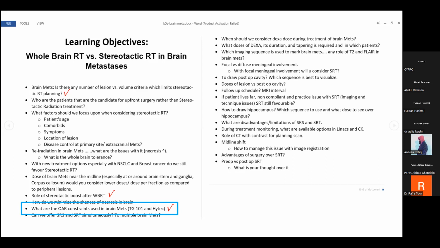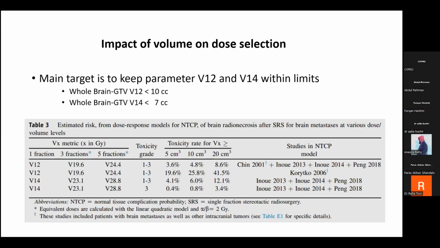So what are the organ risk constraints for brain metastasis? I'm talking about this learning objective. When we are dealing with single fraction radiosurgery and we take the V12 and V14 parameters, we always try to achieve V12 less than 10 cc, and this is basically the brain cropped of the GTV from the whole brain.